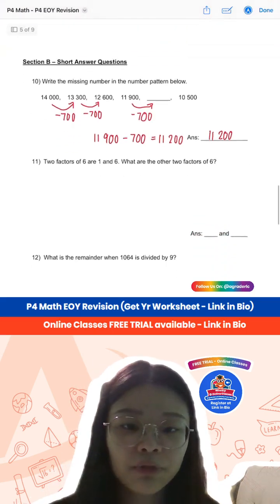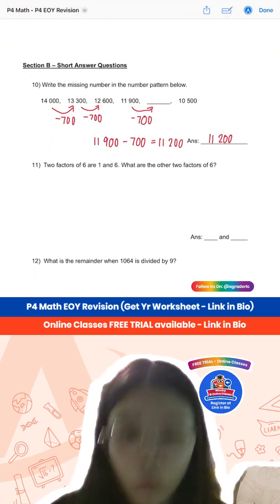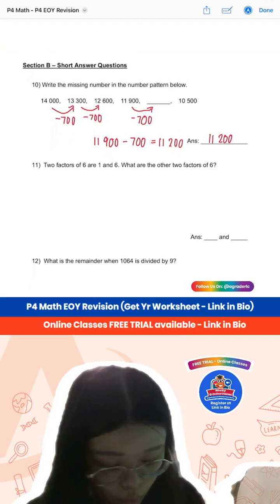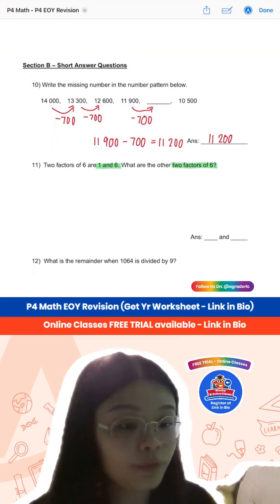Let's move on to question 11. Two factors of 6 are 1 and 6. They have given you a pair of factors, 1 and 6. Can you tell me what are the other two factors of 6?